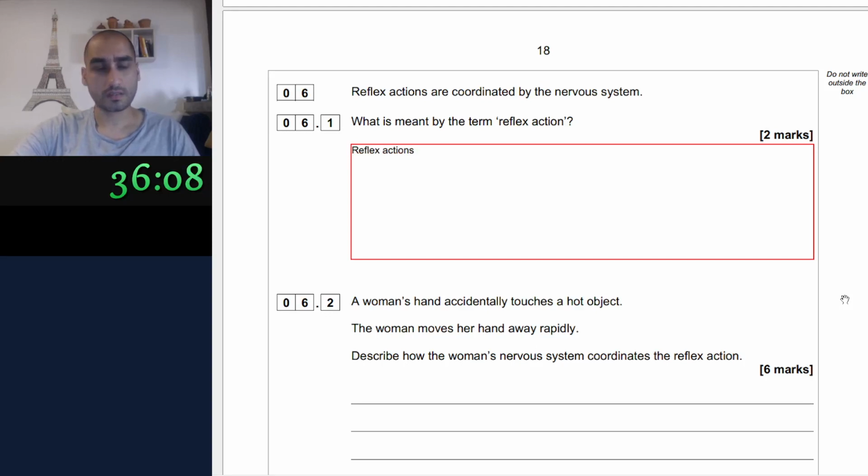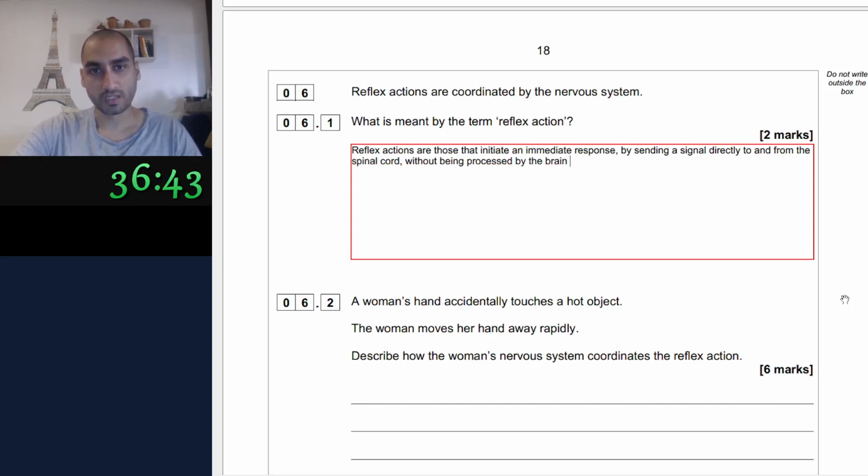Reflex actions are those that initiate an immediate response by sending a signal directly to and from the spinal cord without being processed by the brain itself, I think, which would take longer.